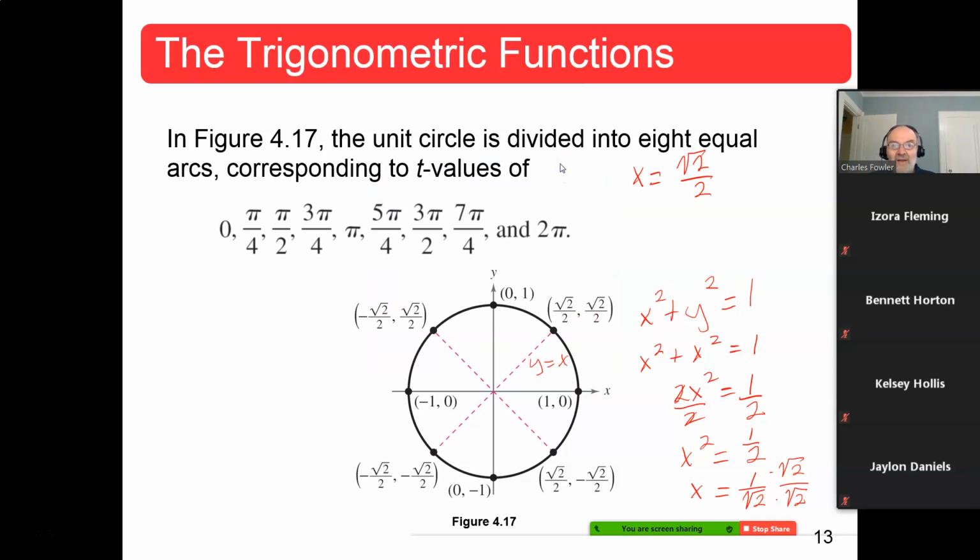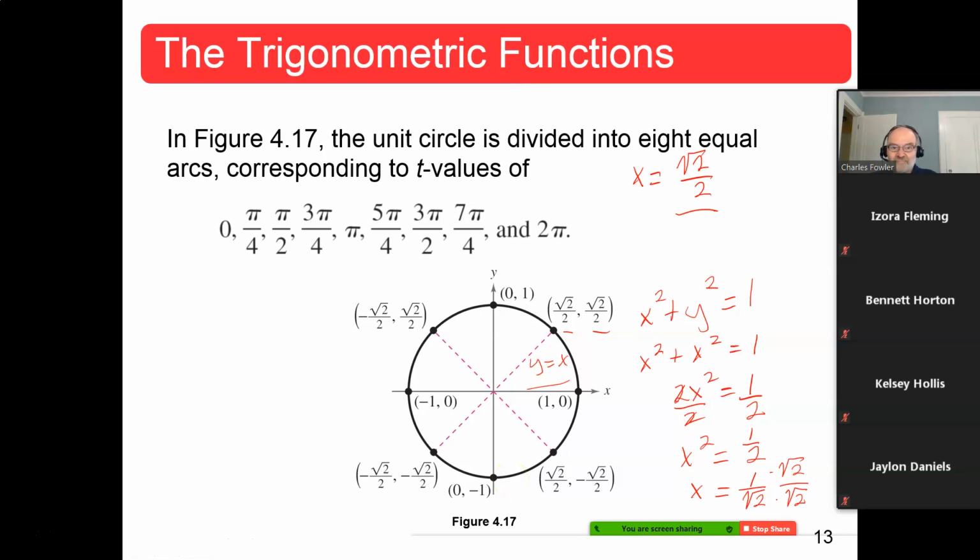Now, if x is equal to root 2 over 2 and y is equal to x, then y is equal to root 2 over 2. So that's where you get your points, root 2 over 2, root 2 over 2. That's it.